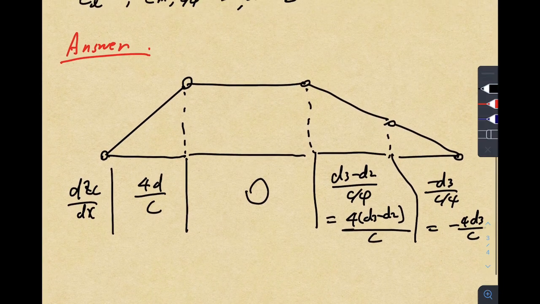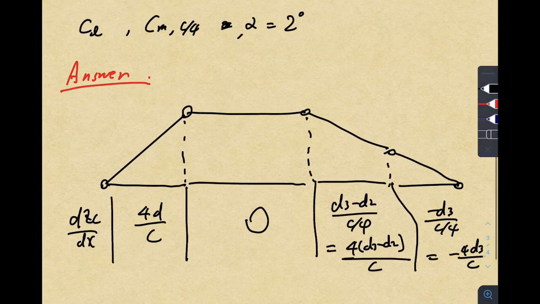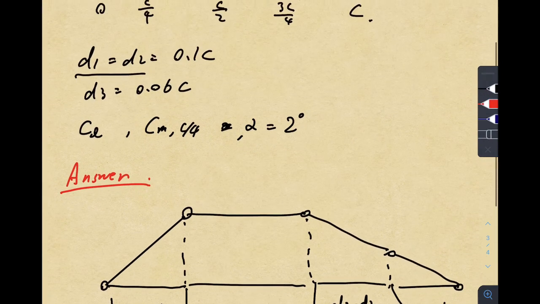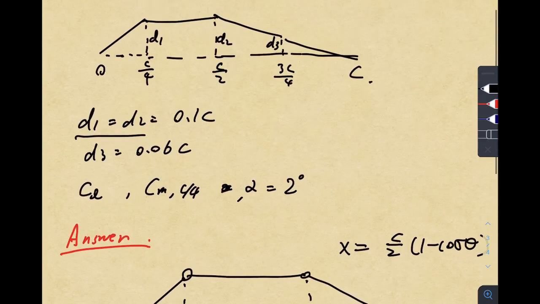In order to get that, we first map the range 0 to c into 0 to pi. So in this case, x is c over 2 times 1 minus cosine theta.